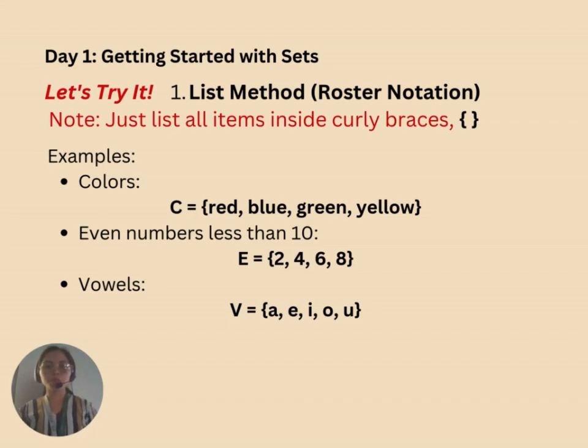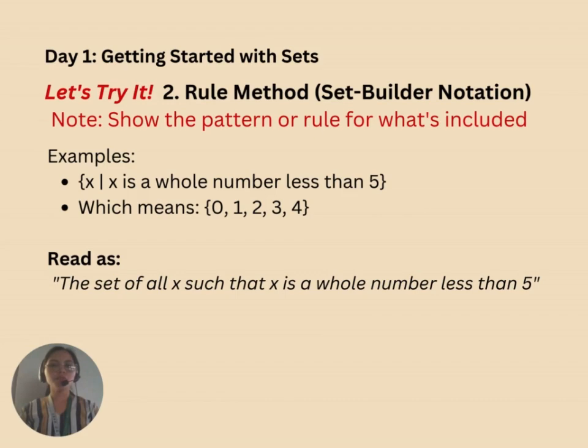Now let's proceed. Let's use the rule method, or set builder notation. Here we're going to show the pattern or rule for what is included. Example, let us write whole numbers less than 5.